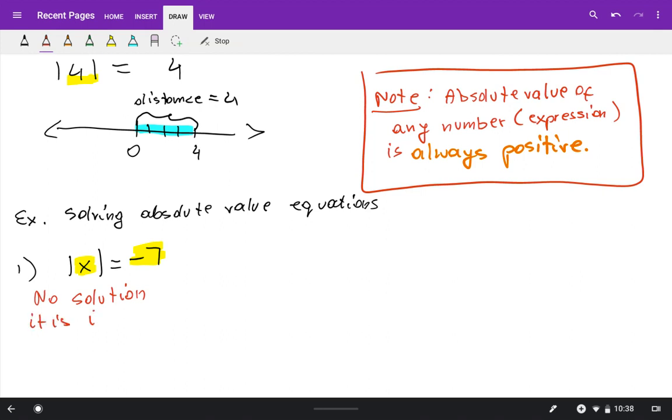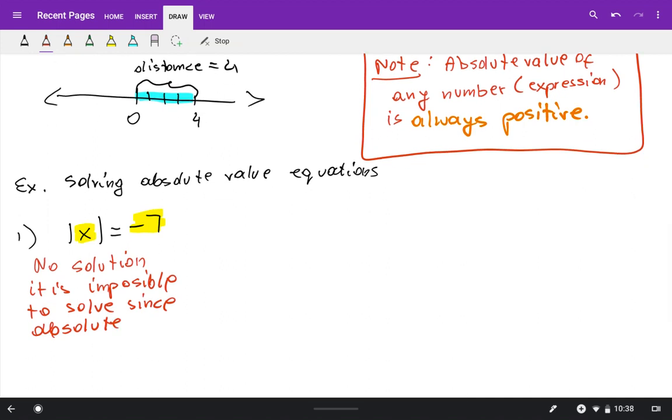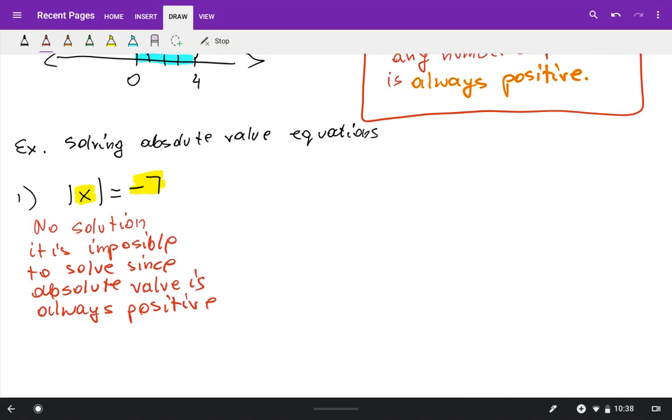It is impossible to solve since absolute value is always positive. So be careful with that, because sometimes students are trying to solve these types of equations. They're trying to trick you. You're just not solving them, you're just saying that there's no solution. So that's one type of equation.